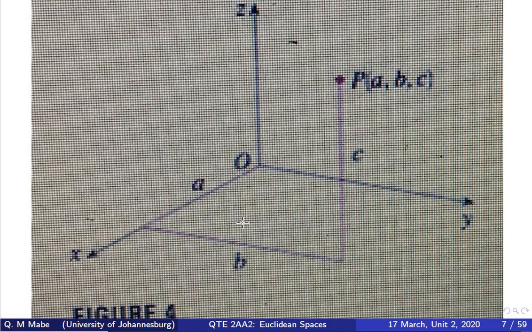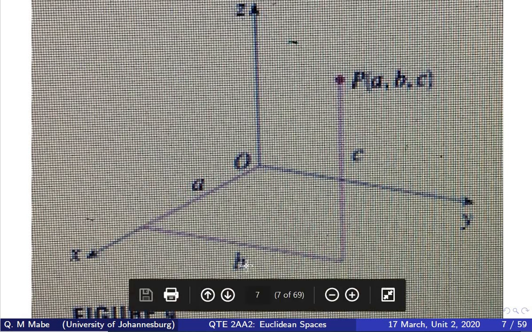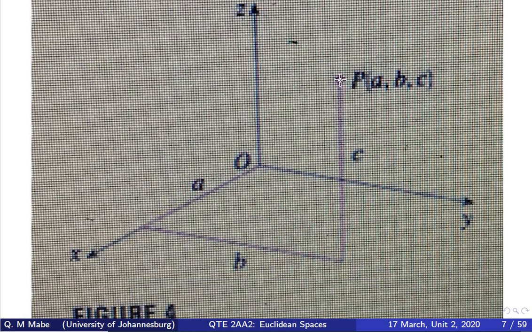For instance, a corresponds to your x-axis, b corresponds to the y-axis, and c corresponds to the z-axis. So this point here will just be (a, b, c). It's a floating point in R3. If you think of it in a real-world situation, this point is just a particle that's floating in space.